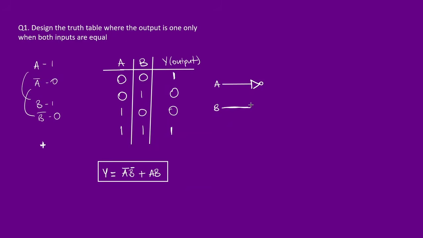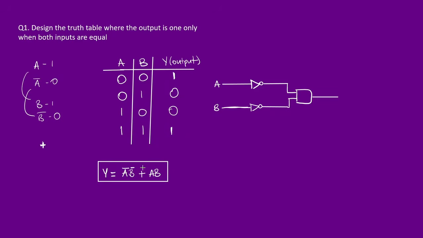Remember our symbol for the not gate. So not A comes out of this gate, not B comes out of this gate. And then we'll join these guys together with an AND gate, so that the output of this becomes not A, not B.